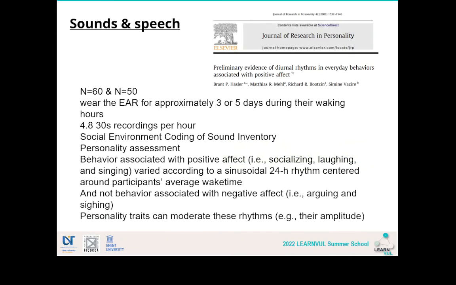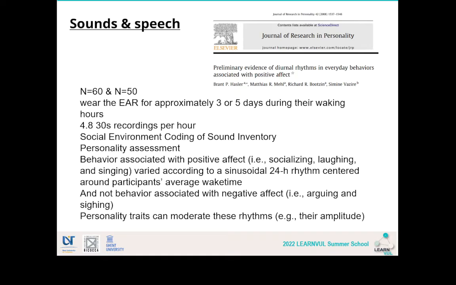For example, here we have a study in which they studied two samples, and they had to wear those microphones, and they were recording on average 4.8 snips of 30 seconds per hour. So we have a lot of information.